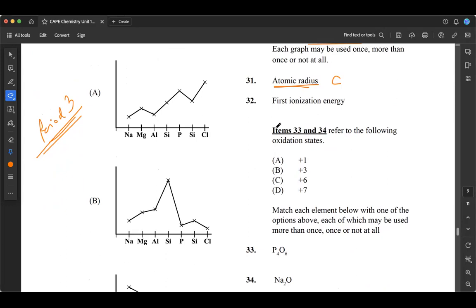Which of these graphs shows how the first ionization energy changes across the period? The first ionization energy is the amount of energy it requires to take off that first electron. As we go across the period, does it become easier or harder to take off that first electron?